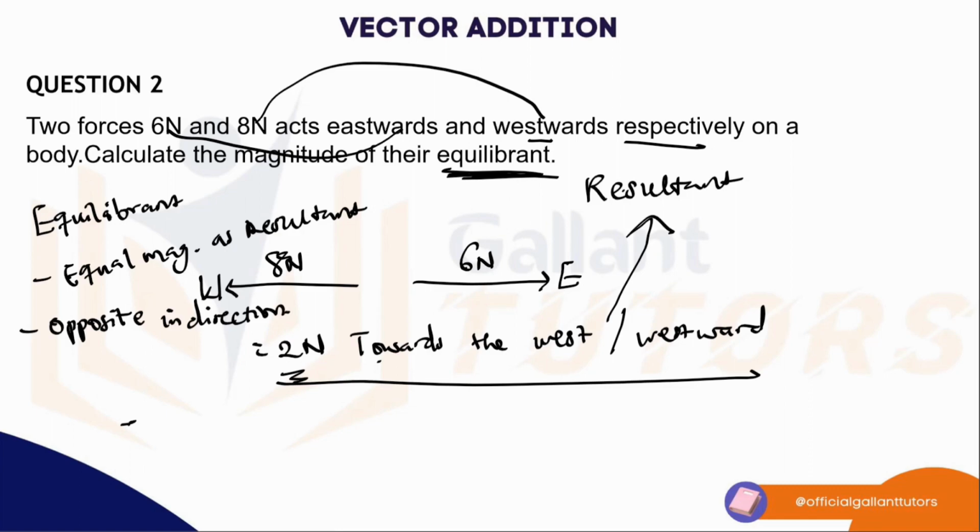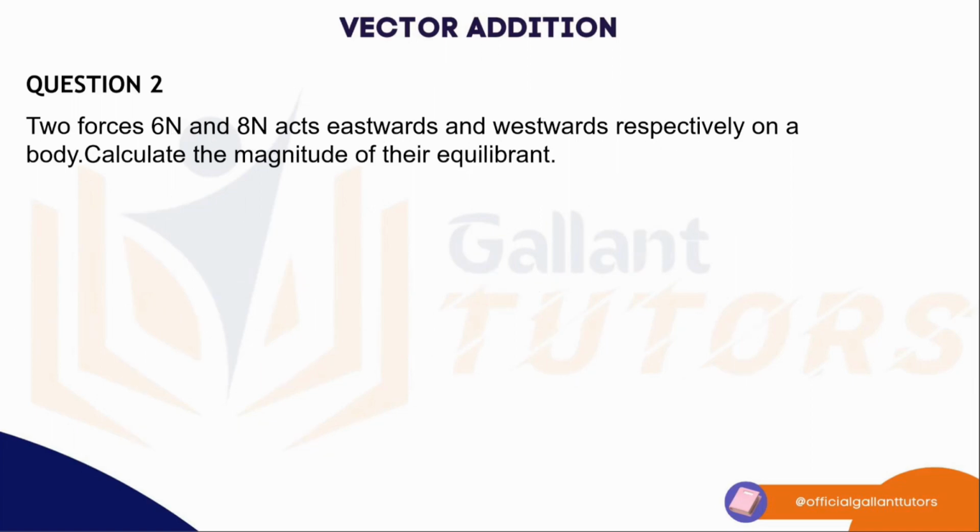So now if I want to represent the one for equilibrant, what will I say? It will be 2 Newton eastward. Is that clear? All right. So this is for resultant. This is for equilibrant.